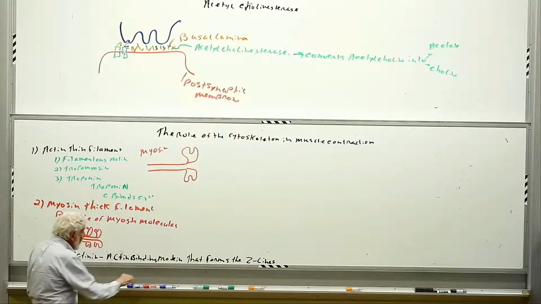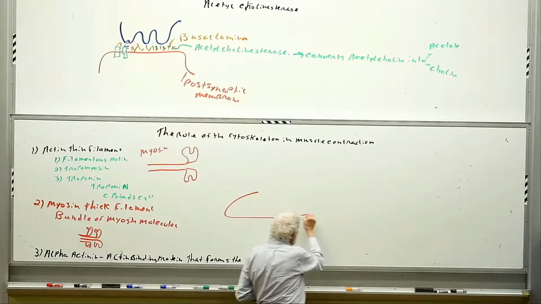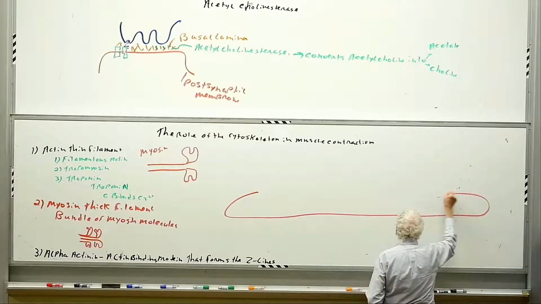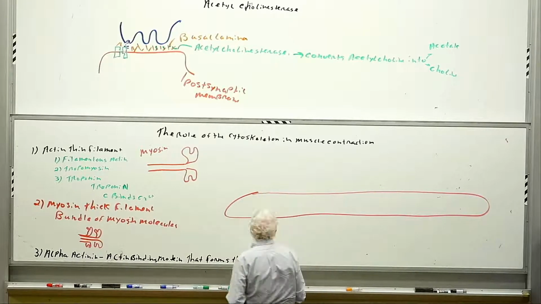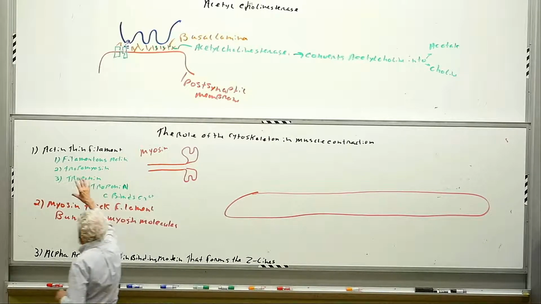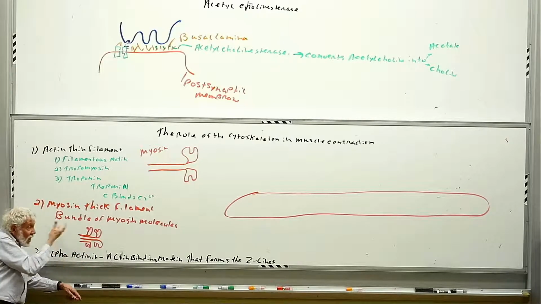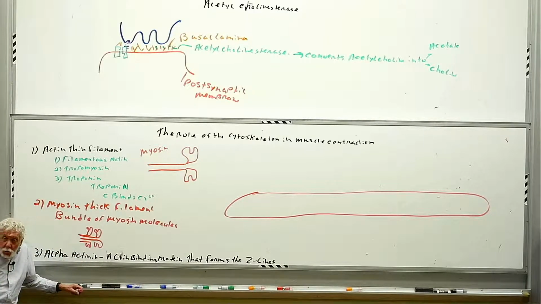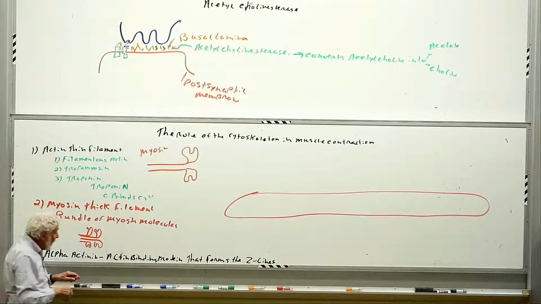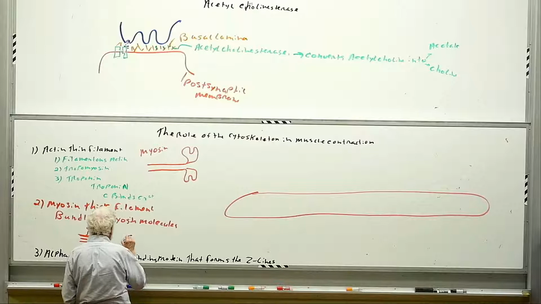And I'm going to draw one of these muscles up here just like we had earlier. But now, rather than emphasizing the membrane system, what we want to be talking about now is the cytoskeleton. And these elements, the thin filaments and the thick filaments and the alpha-actinin Z-lines, are not distributed randomly in here. There's a very regular and repeating pattern. And it's such a regular and repeating pattern that it gives rise to skeletal muscle being said to be striated.